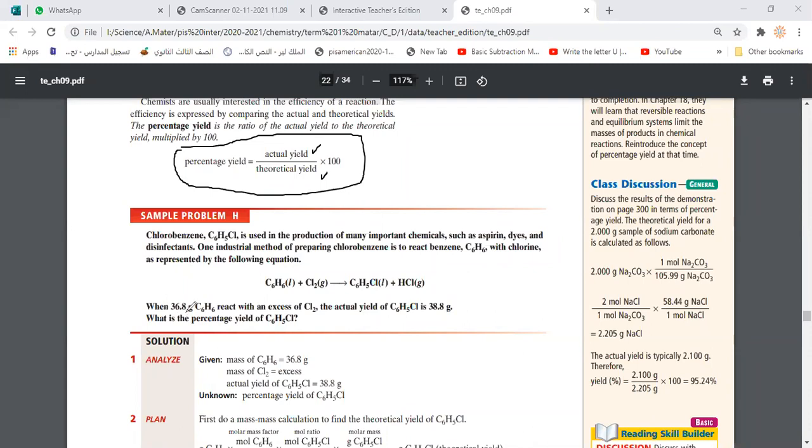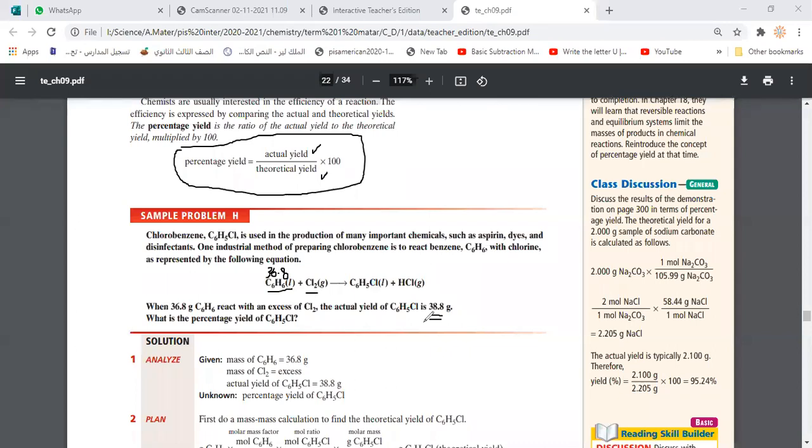If you have 36.8 grams of C6H6, which is the benzene, and that reacts with an excess amount of chlorine, so we don't care about the amount of chlorine, the actual yield is 38.8 grams. So what is the percentage yield?